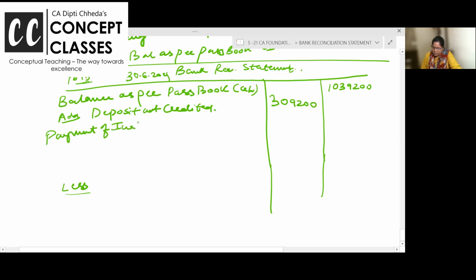Payment of installment not recorded in cash book. कैश बुक में रिकॉर्ड नहीं किए हैं. 3 lakhs into 3. Passbook they have debited, so now they should credit. This is a credit balance. Credit add. April, May, June, and you're preparing it on 30th of June.